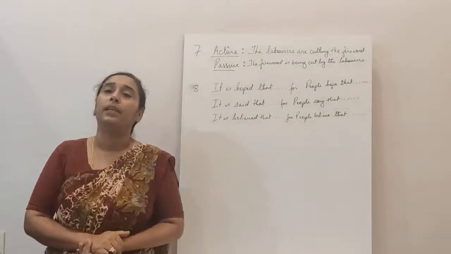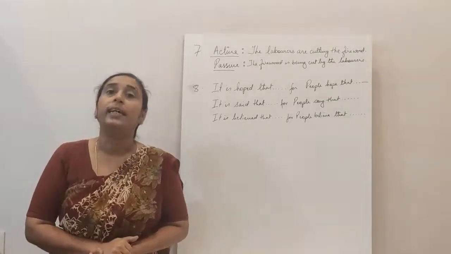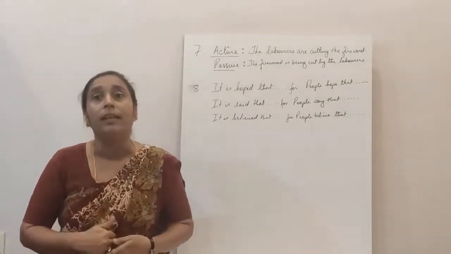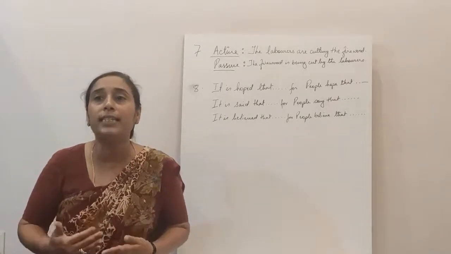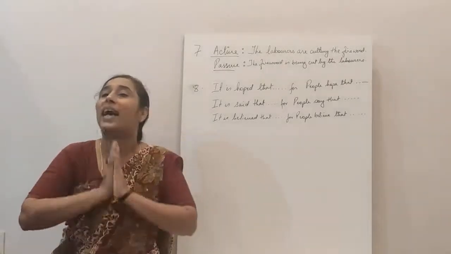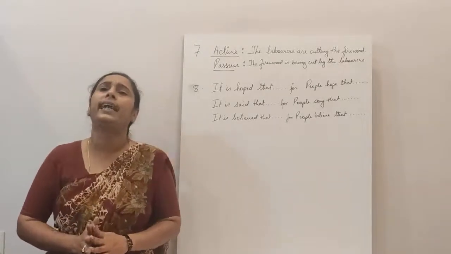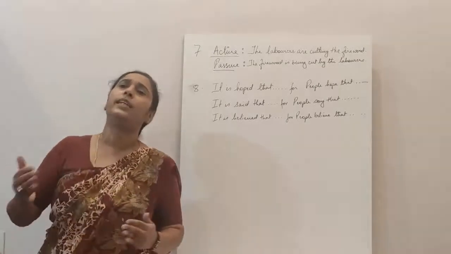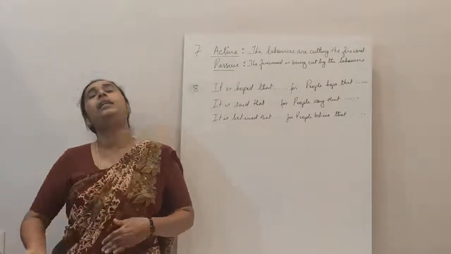Next example. In active voice, we say, it disappoints me that the committee has adopted an unrealistic policy. The same sentence in passive voice, we say, I am disappointed that an unrealistic policy has been adopted by the committee.